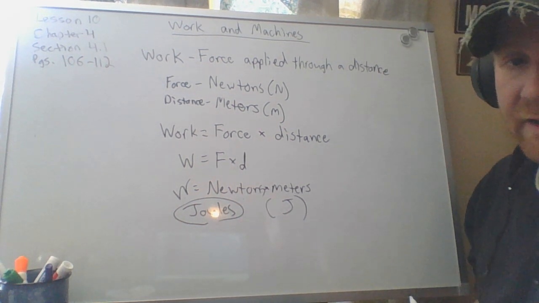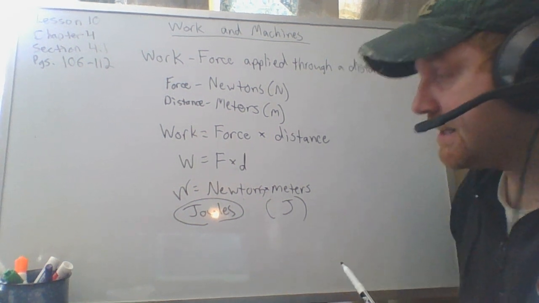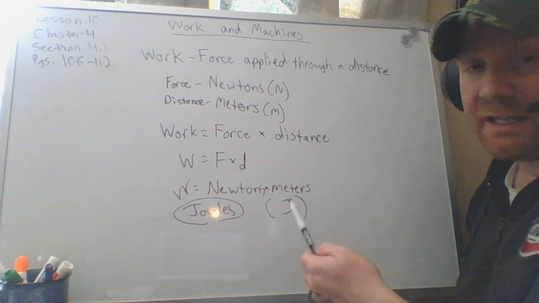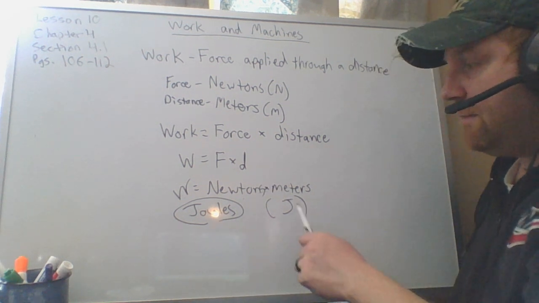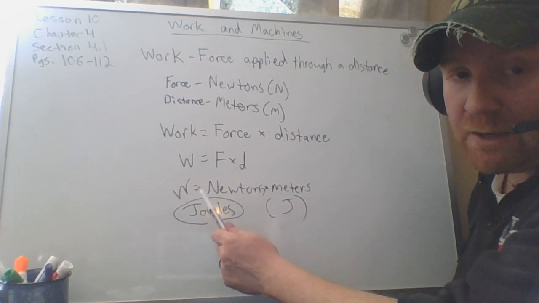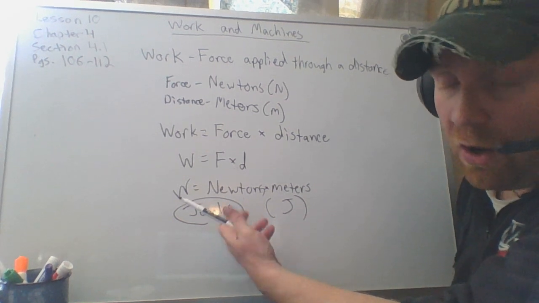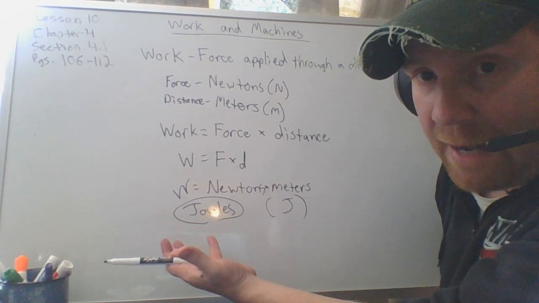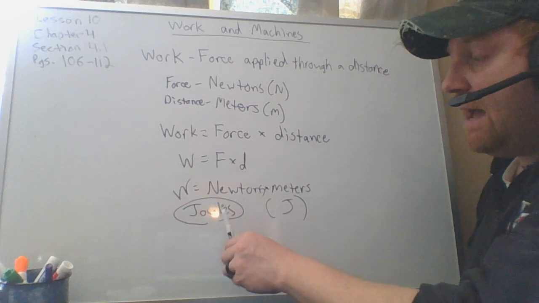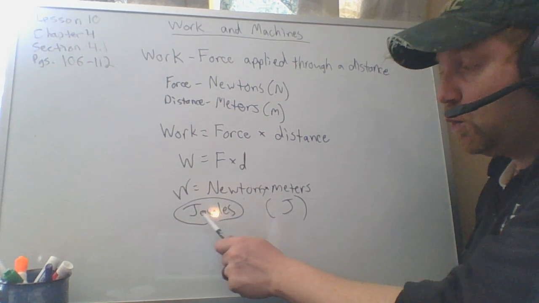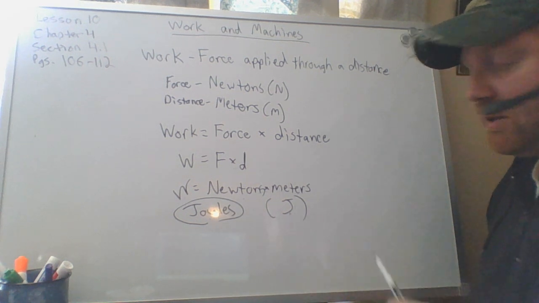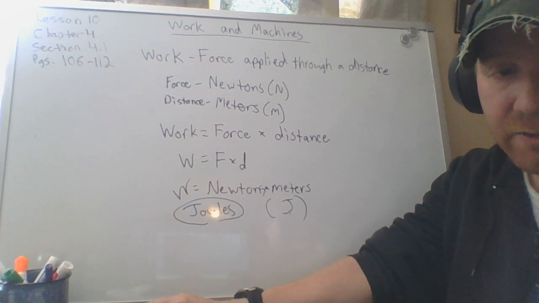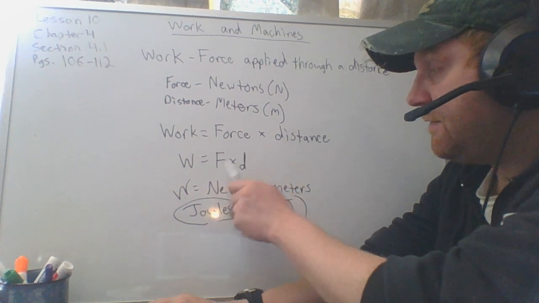But the scientists in physics have given credit to a British man named James Joule. Because work is actually a measurement of energy, and all energy, which is what this chapter is about, is measured in joules, named after James Joule, capital J is the symbol. So W equals F times D.